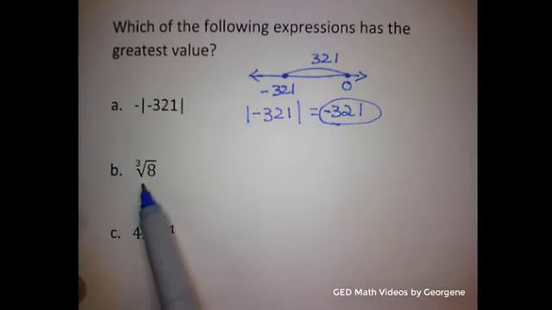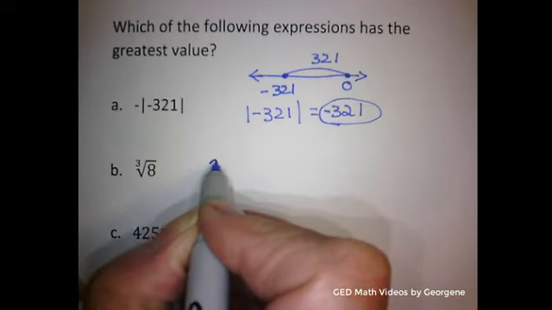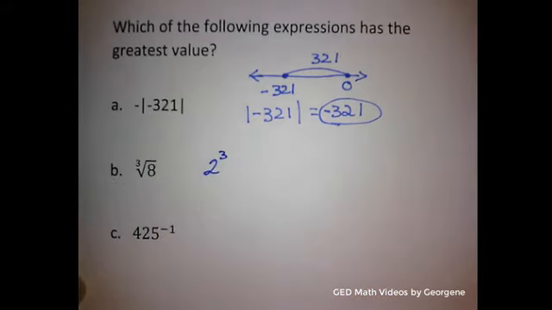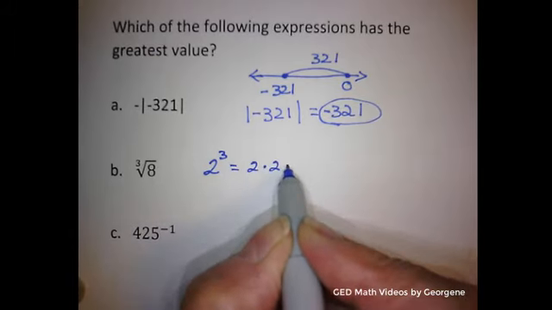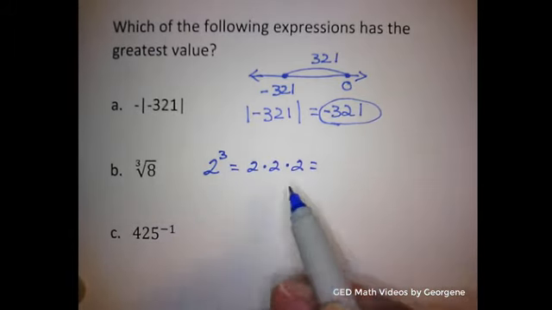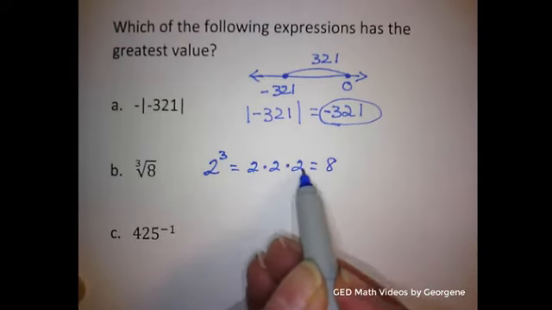So now let's take a look at letter B, and letter B is cubic roots, and so we have to think about what we remember about cubic roots. We know that if a number is cubed, that means it's a number that's multiplied 3 times. So in other words, if 2 is cubed, that means 2 times 2 times 2, which is going to be 8, because 2 times 2 is 4 times 2 is 8.